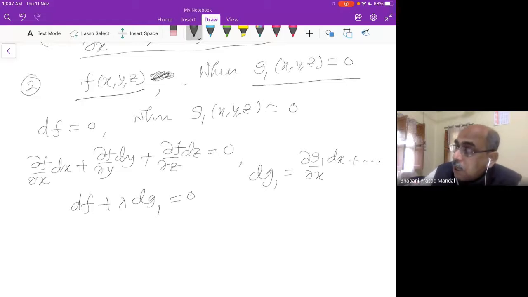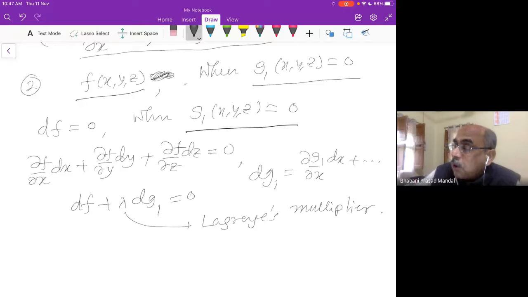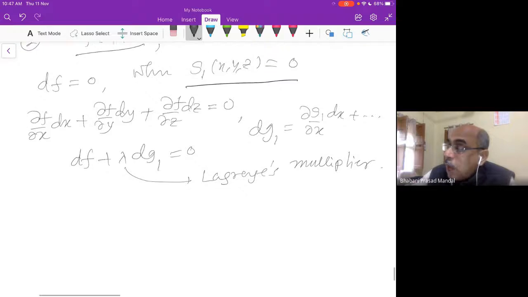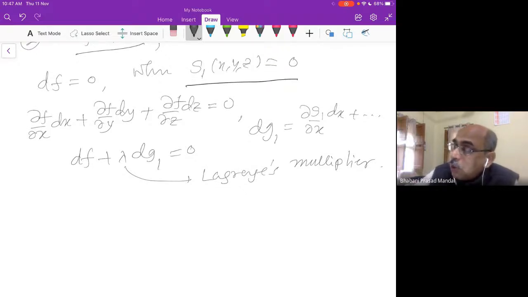This lambda is the multiplier. This is the Lagrange multiplier. So to tackle the presence of a constraint, how to extremize, you put a condition like this.